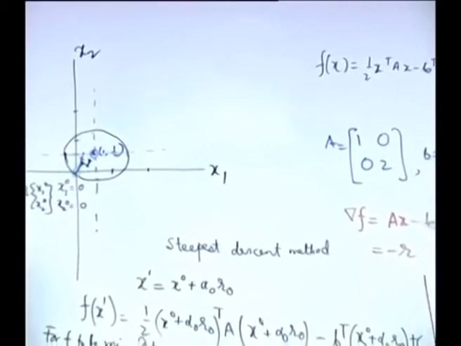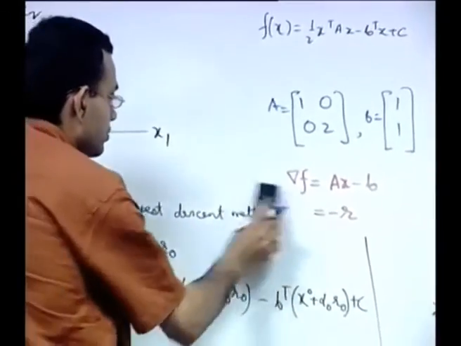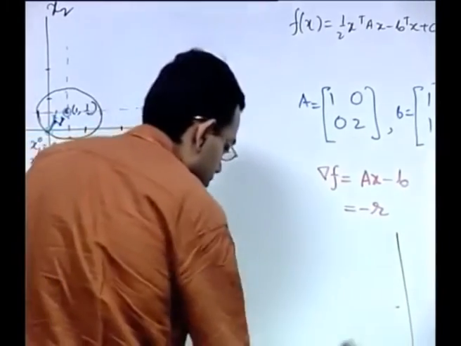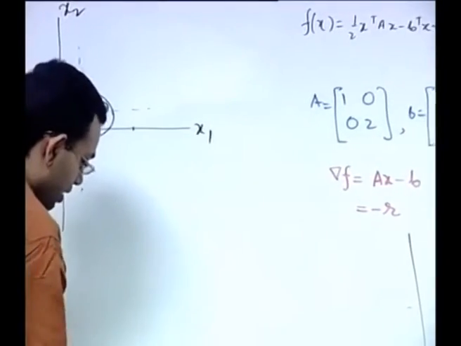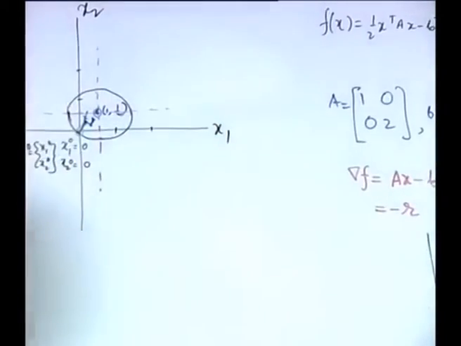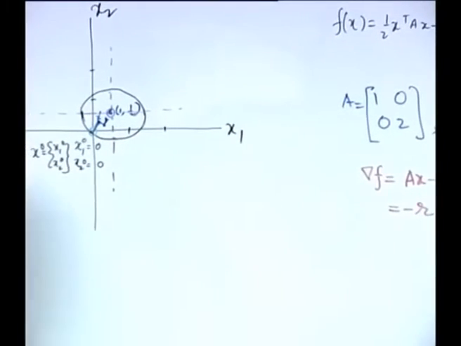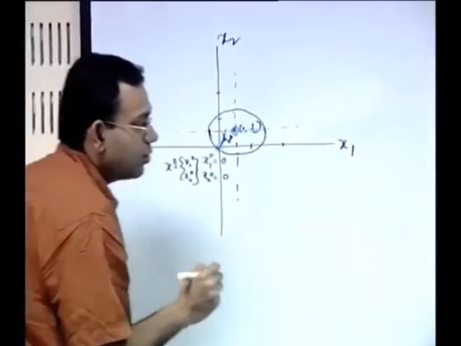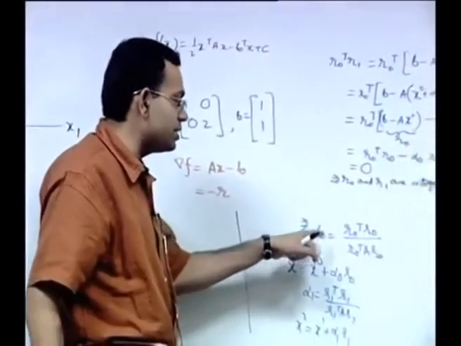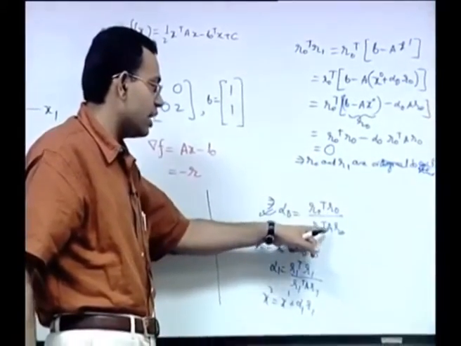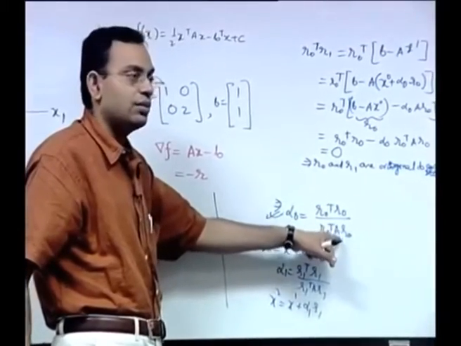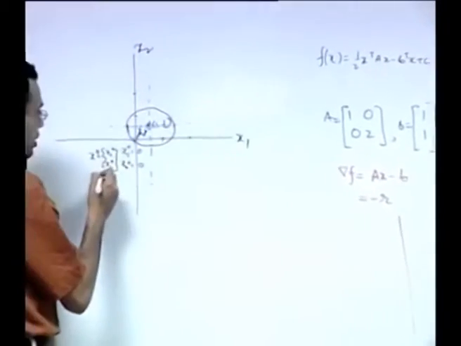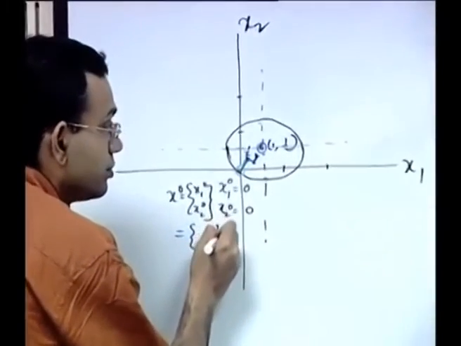So to understand how we reach the solution using this steepest descent method, let us work out one or two steps maybe, and the remaining steps you can complete. So first step, what you have to calculate? You have to calculate alpha 0, that means you have to calculate R0 and R0 transpose R0 and R0 transpose into A into R0. So your x0 is known, that is 0 0.